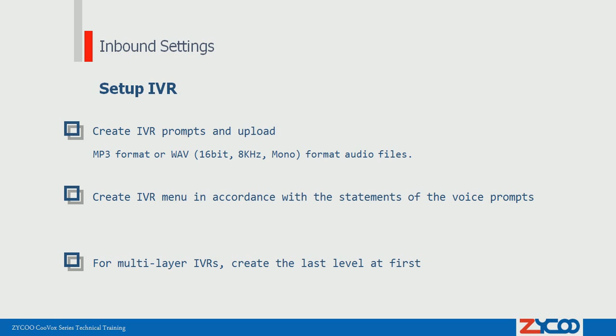To set up an IVR menu, please first create the IVR prompts. The prompt's audio file format can be either MP3 or WAV format. If WAV format, it should be 16-bit encoding, 8 kHz sampling, and mono. Let's take a look at how to set up the IVR menu from the web interface.